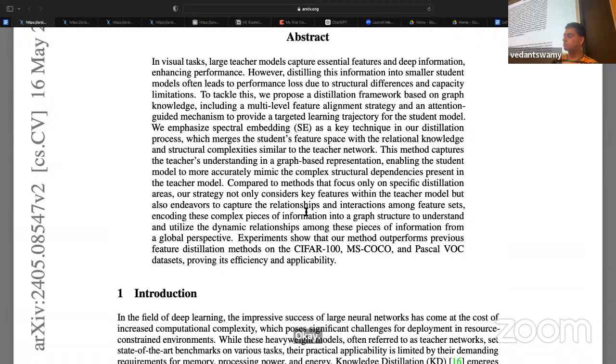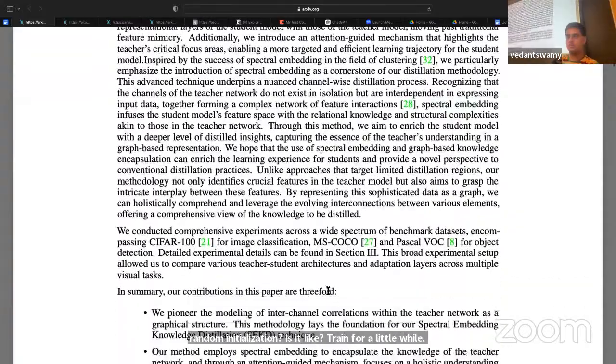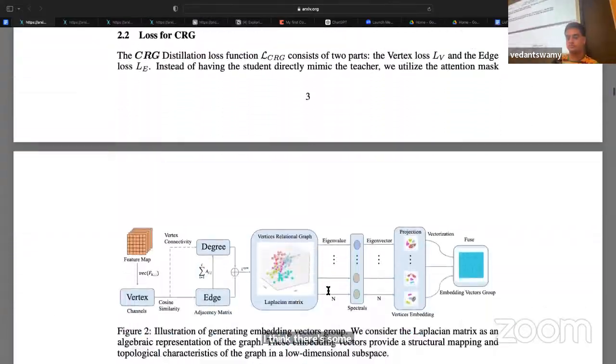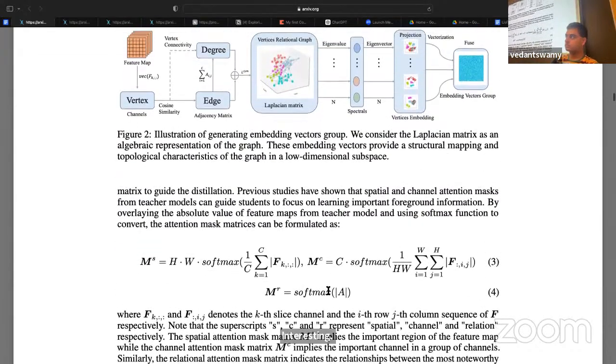In the experiments they have here, is it starting from random initialization? Is it trained for a little while? I think there's some pre-training. And what about the teacher then?